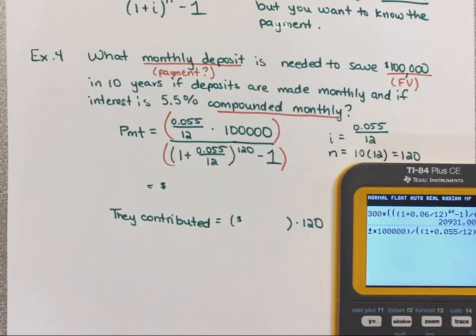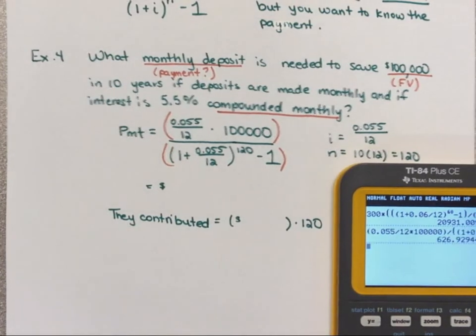Be careful, don't just go punching them in. You have to push the right arrow to get out of the exponent. Once you're done with the 120th power, push right so that it'll let you do the minus 1 and won't put the minus 1 in the exponent spot. And then we close with a single parenthesis. Your calculator often will give you an error if you have too many closed parentheses or not enough open parentheses, or vice versa, so pay attention to that.